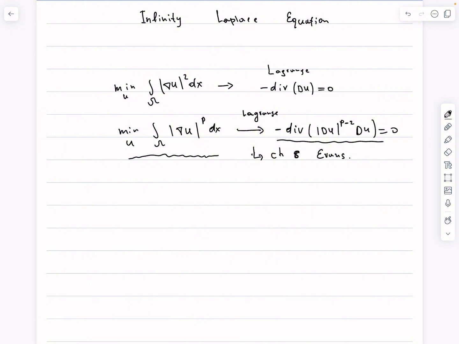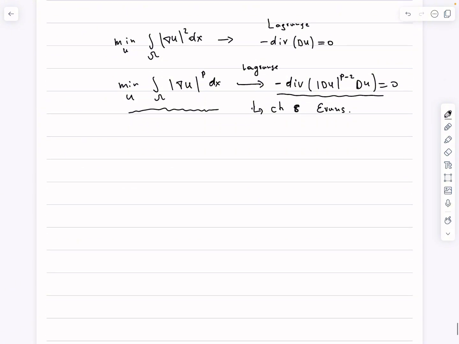Now we will start working with this PDE. This is the p-Laplace equation: minus divergence of |du|^(p-2) du is equal to 0.